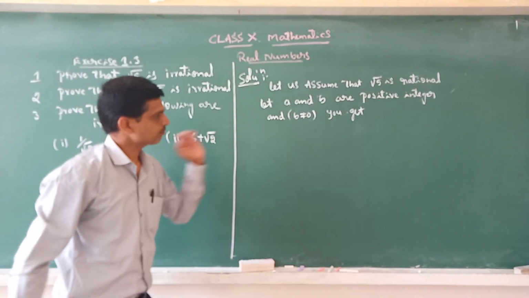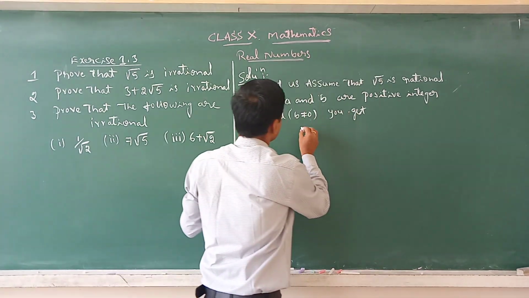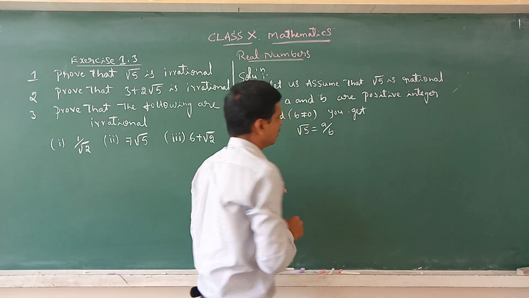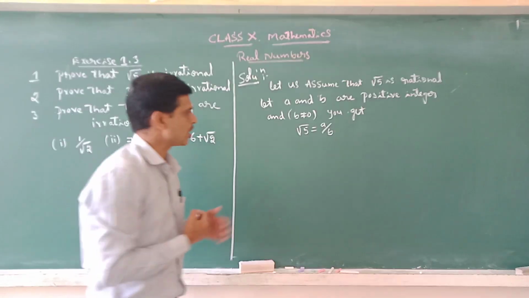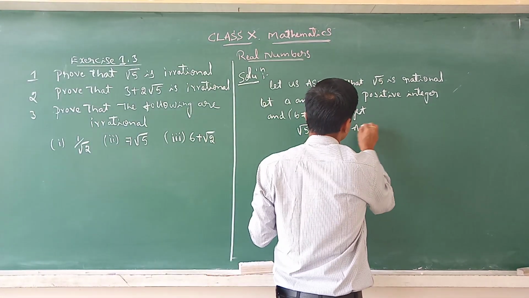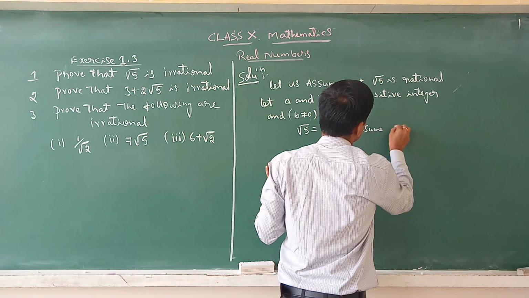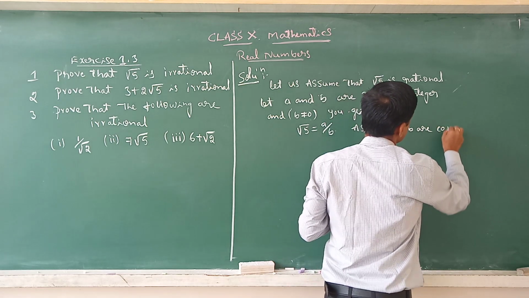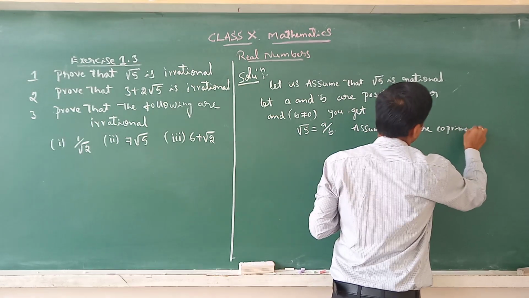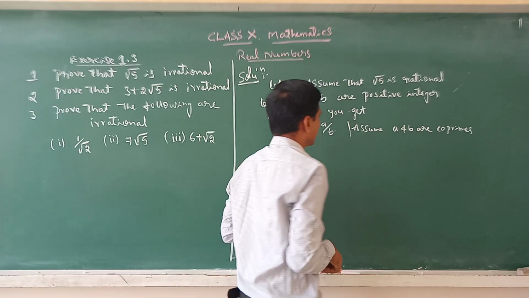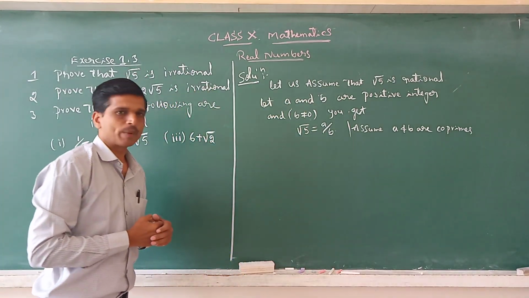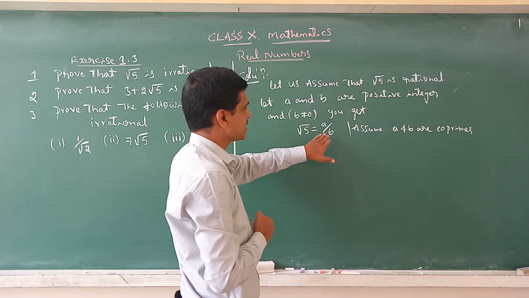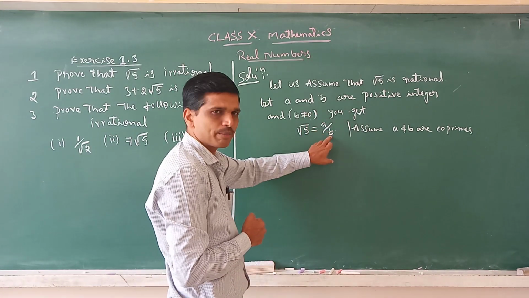Root 5 can be expressed in the form a by b, where a and b are co-primes. Assume that a and b are co-primes, such that root 5 is equal to a by b, where a and b are some integers.